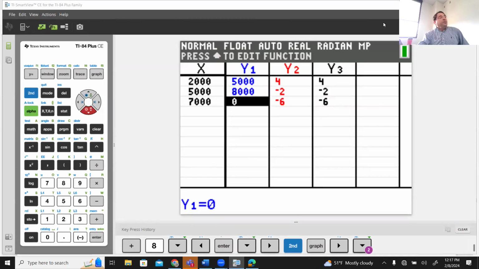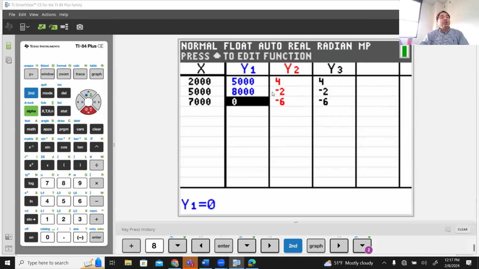So in terms of profit, at 2,000, should we make more headphones? Yeah, we should totally make more. I want $4. Don't you want $4? I'll take a penny. I'll take anything, right? At 5,000, should we keep going?